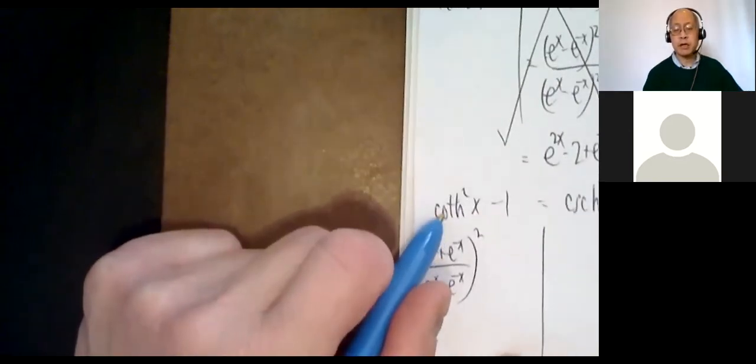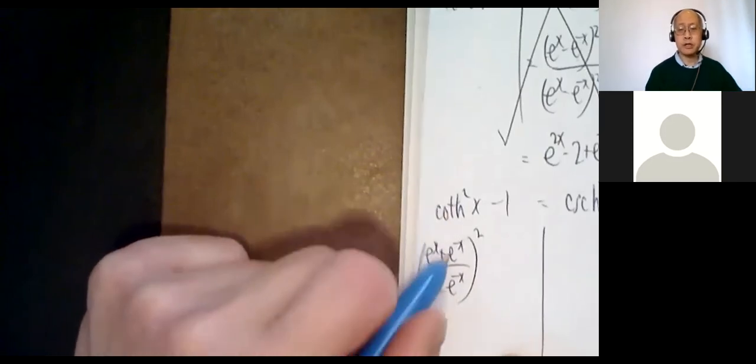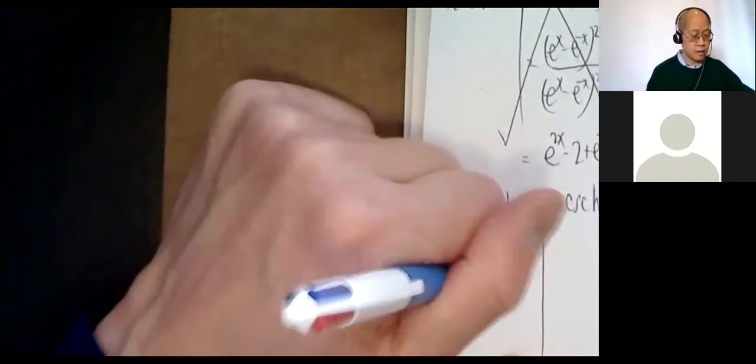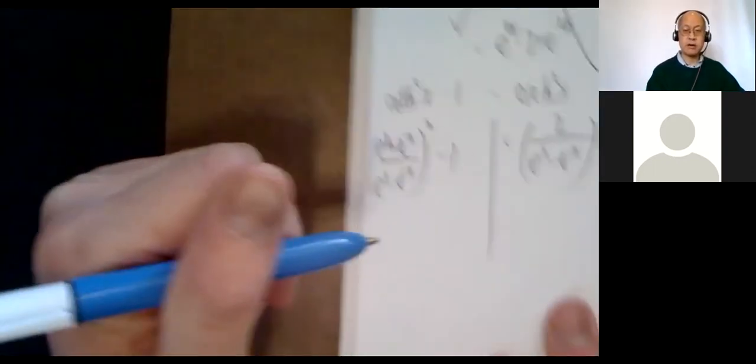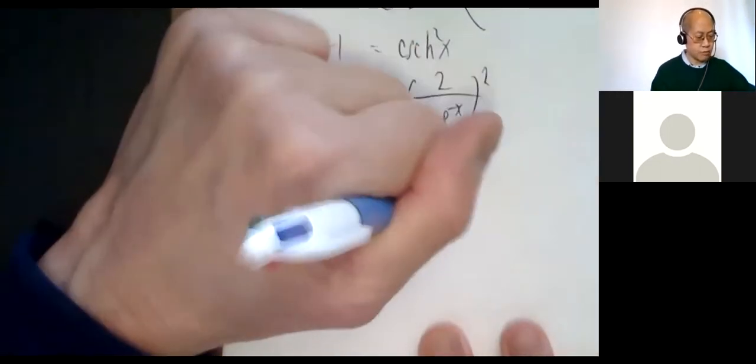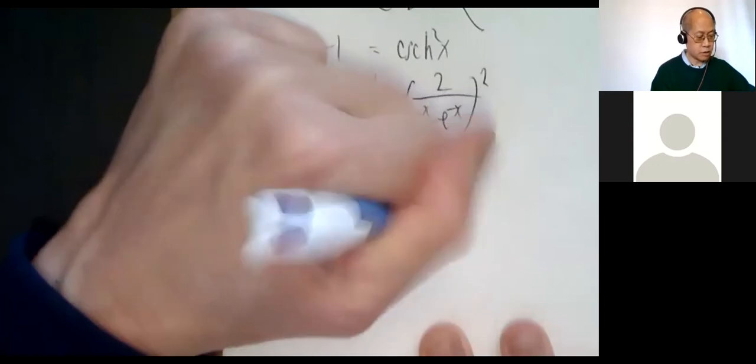Okay, so it's hyperbolic cosh over hyperbolic sinh. The 2s will cancel out, so you have that minus 1 equals 2 over (e^x − e^(−x)) quantity squared, which is 4 over (e^x − e^(−x)) quantity squared. Let me try to get the curl out of the paper.